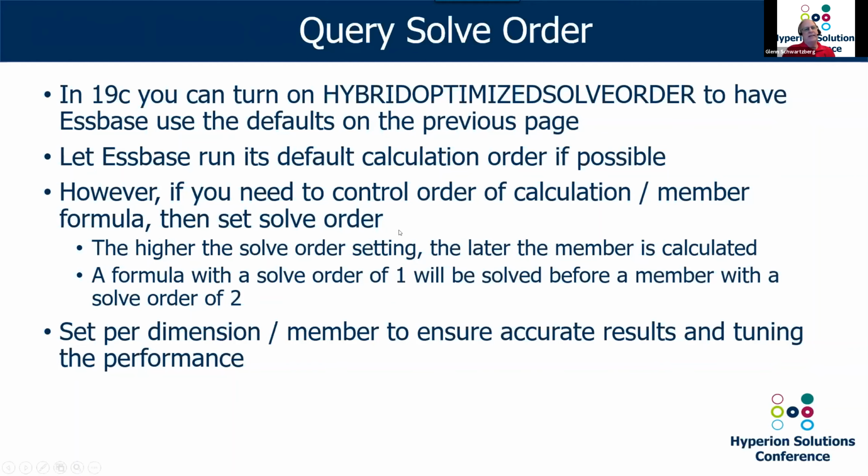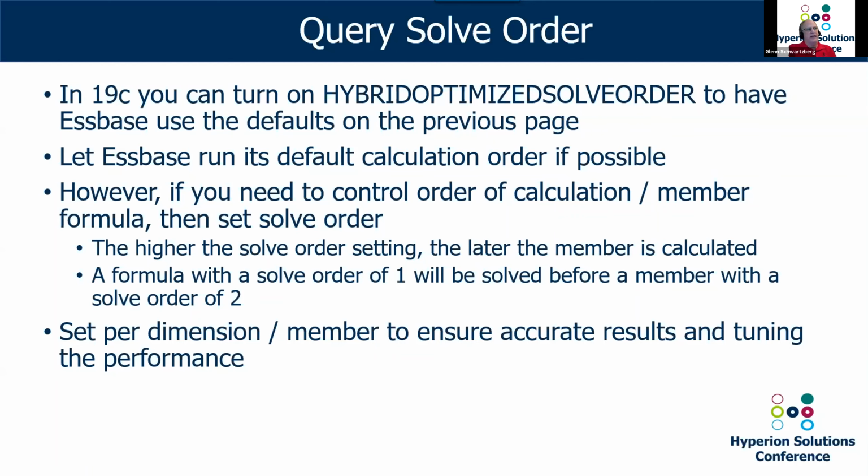So test that out, test the solve order. If you've got multiple solve orders in a single dimension, it's going to work top down if they have the same solve order. So if you have everything with a solve order of 0, it's going to work from the top and work its way down through that list.